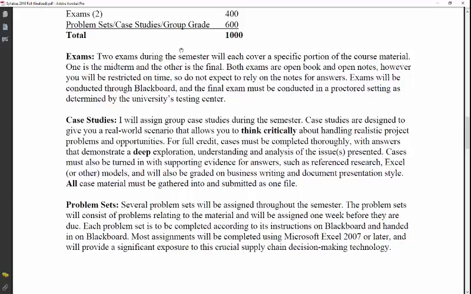Another thing is about the group grade. The group grade is like a peer evaluation because there are group problem sets. I want everybody to contribute evenly. Nobody should free ride.